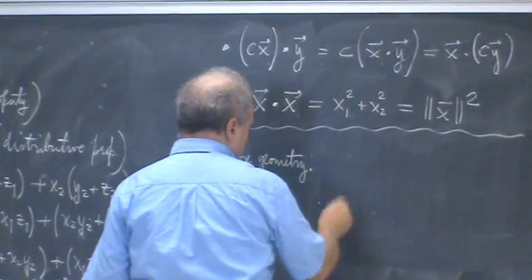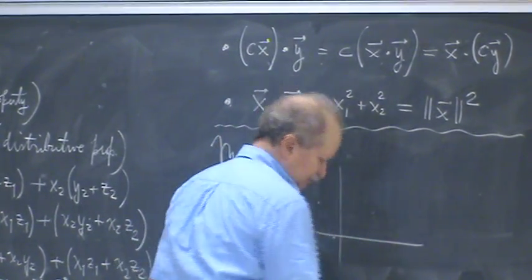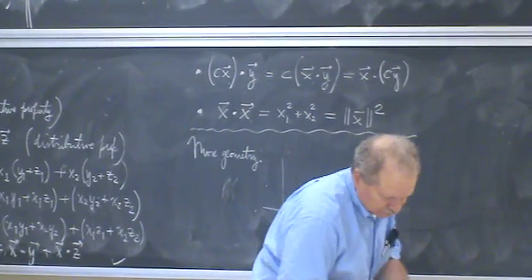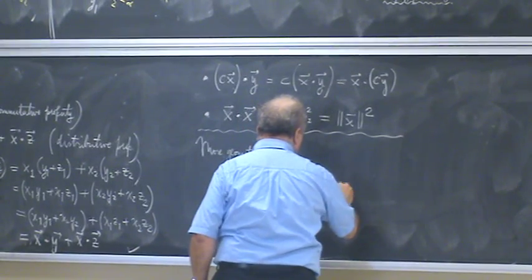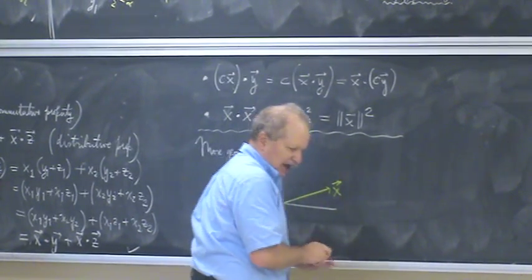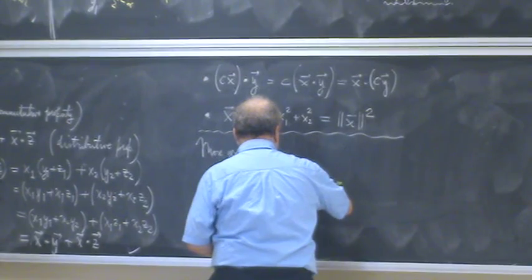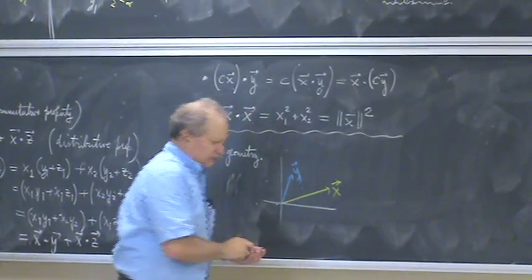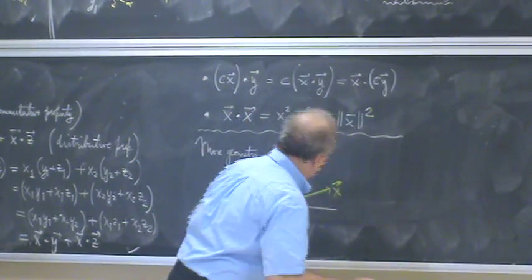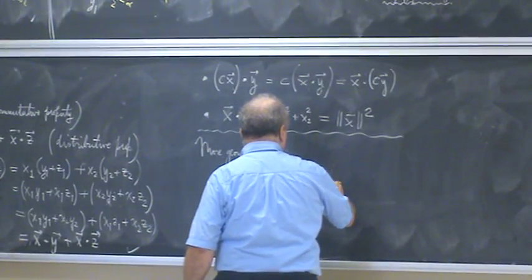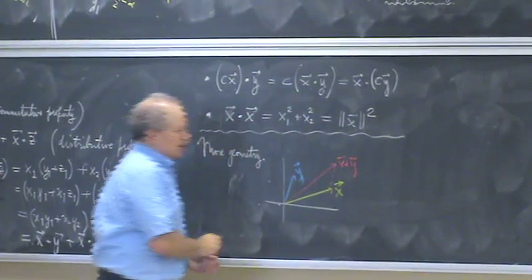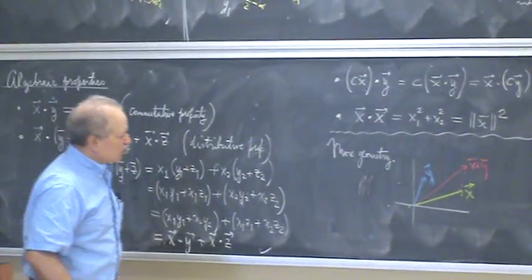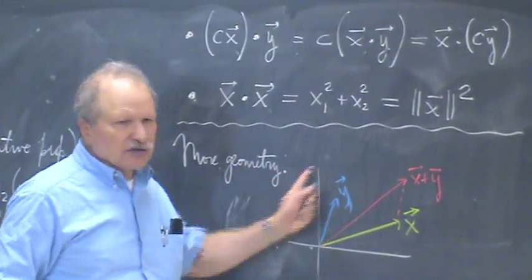Suppose I had a picture like this. Suppose I had x, and I had y. Then as we did the other day, you would have the sum of x and y. How are the lengths of these three vectors related?